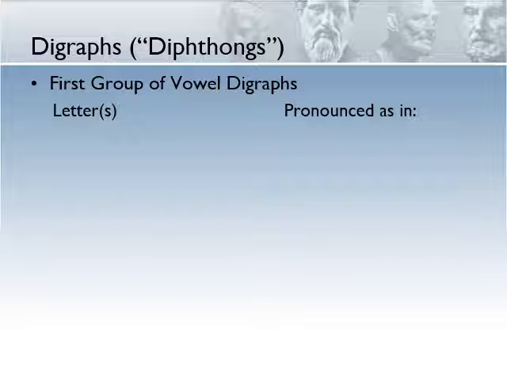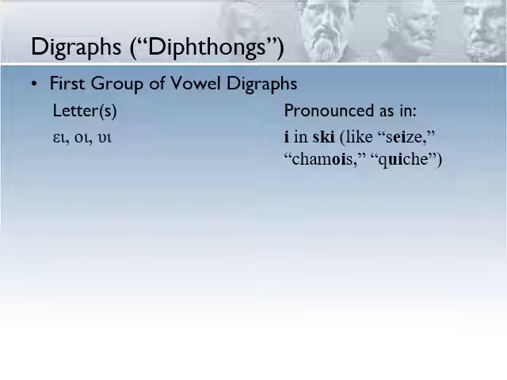Here, let's consider the first group of digraphs, and we've already looked at some of these. Epsilon iota, omicron iota, and upsilon iota are all producing the single sound of phonetic I, like the I in the word ski.